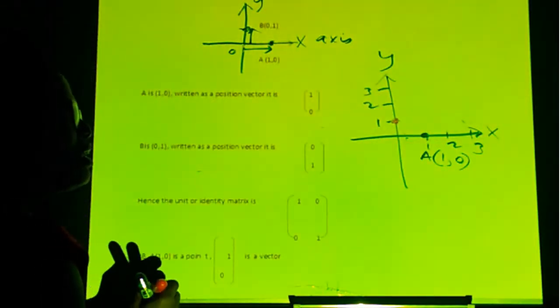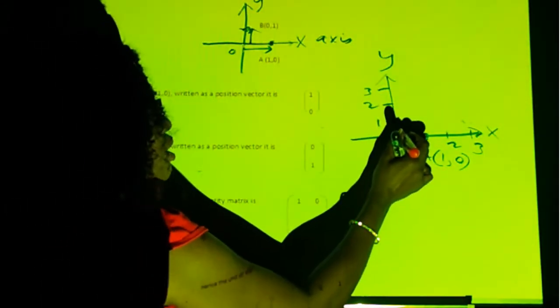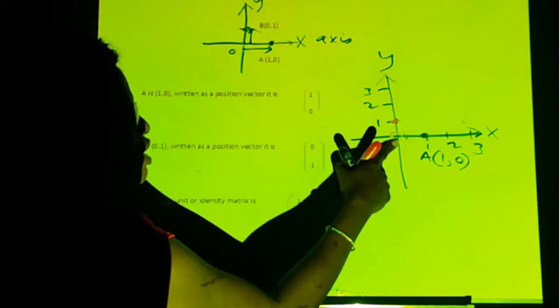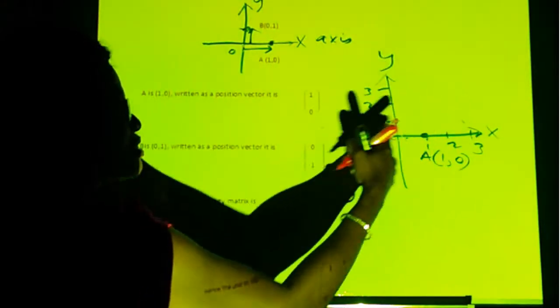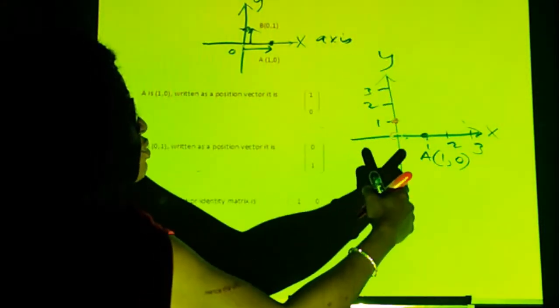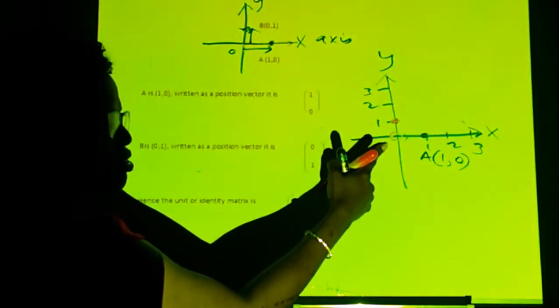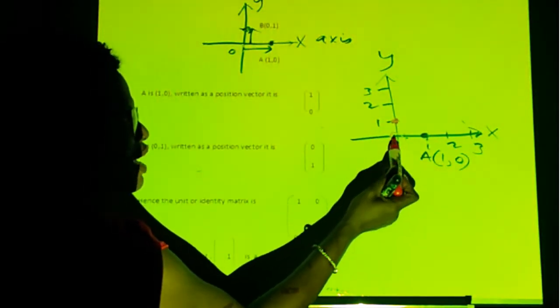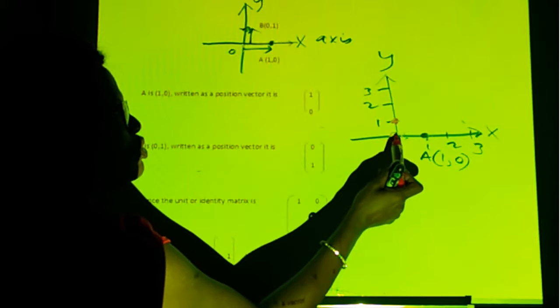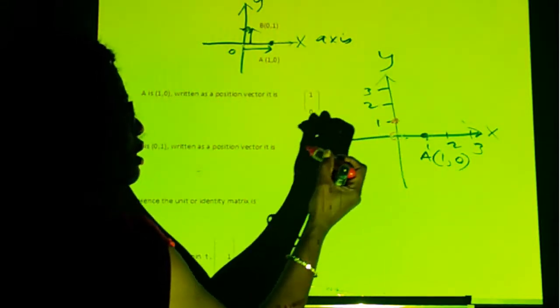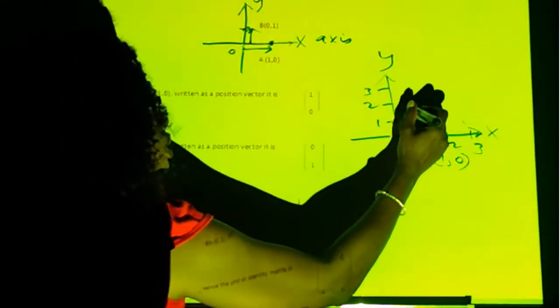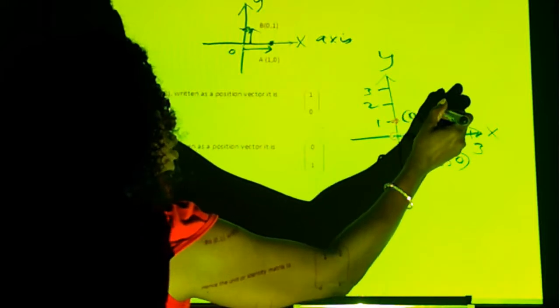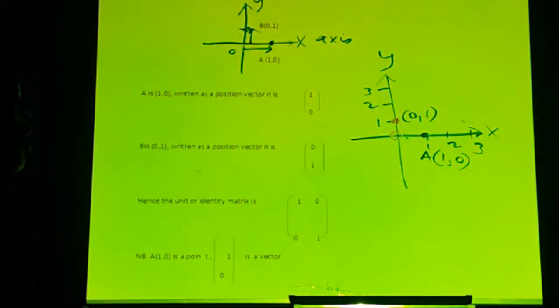The red point is (0, 1). We read off the x-axis first. You know the y-axis and the x-axis are number lines. Both lines meet at (0, 0). So this is 0 on the x, and we go straight up to 1. This point here is called (0, 1), and that's a point or a coordinate.